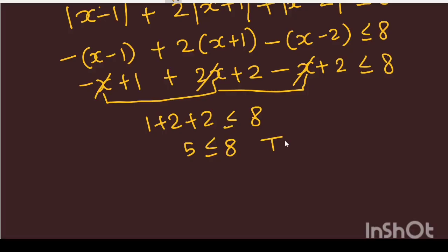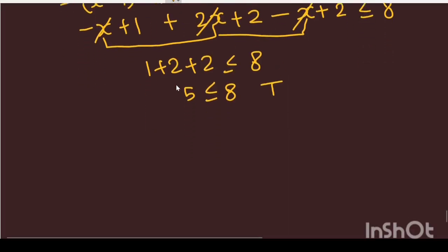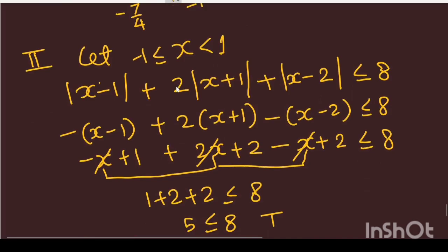It's an identity. So what it means is whatever interval that we assumed is fully true.